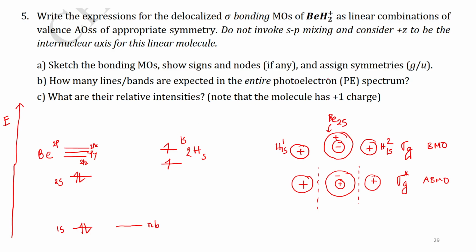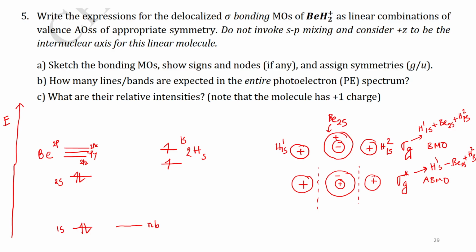Okay, so for this case what I am writing is H1 1s plus beryllium 2s plus H2 1s. For this I am writing H1 1s minus beryllium 2s plus the second hydrogen 1s.